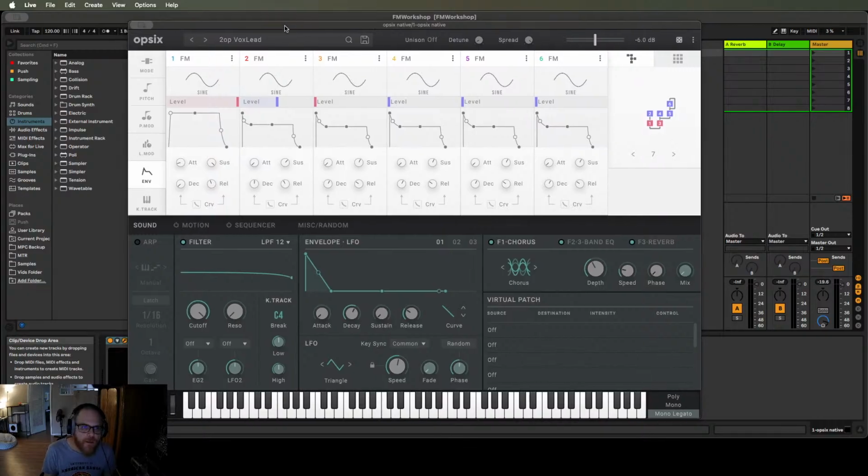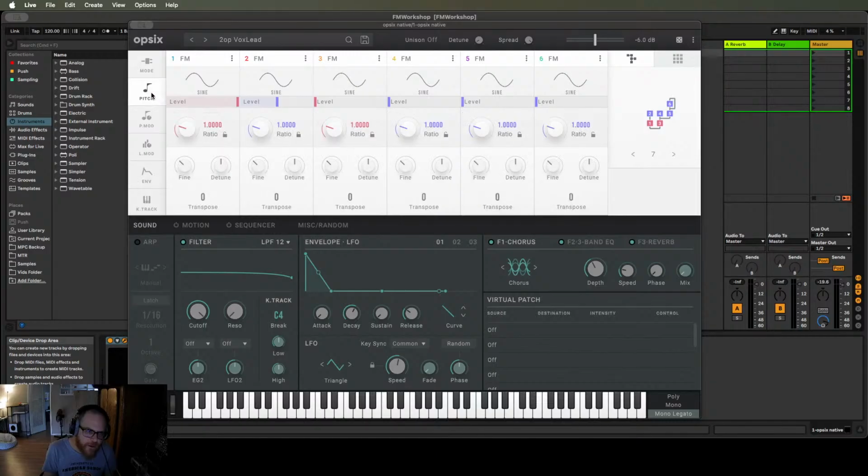But okay, so again, just to recap briefly, last week we figured out how to use two operators to make a continuously variable wave shape, where the variation is determined by the envelope, and the wave shape, i.e. the harmonics that you're getting, is determined by the relative pitch of the modulator.